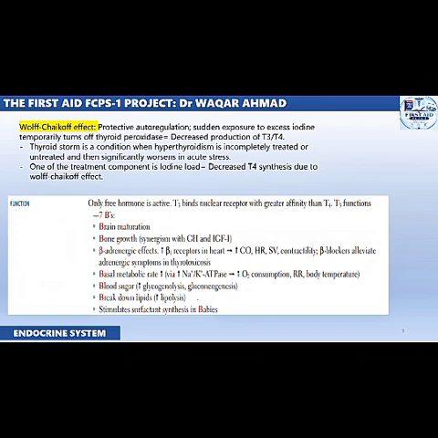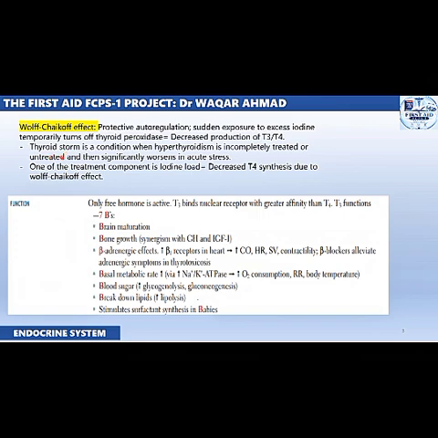Now let's discuss a very important phenomena called as Wolff-Chaikoff effect. This is a protective autoregulatory mechanism. When there is sudden exposure to excess iodine, the thyroid peroxidase is temporarily shut down. The result will be decreased production of T3 and T4. Now, a clinical correlation. Do you know what's a thyroid storm?